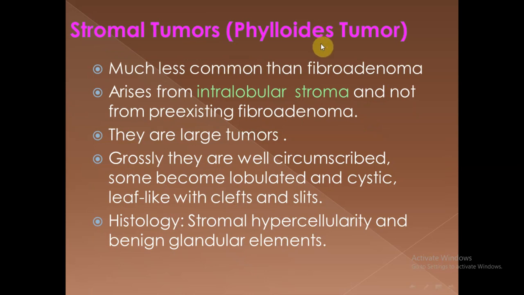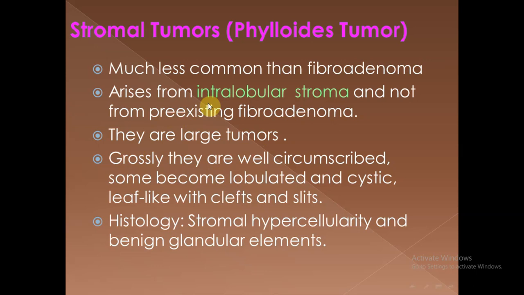Stromal tumors, Phylloides tumor. As we mentioned, Phylloides tumor is a specific tumor of the breast that originates from the stroma that is present between the tubules, or within the tubular structures of the breast.